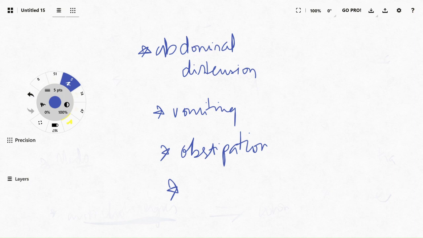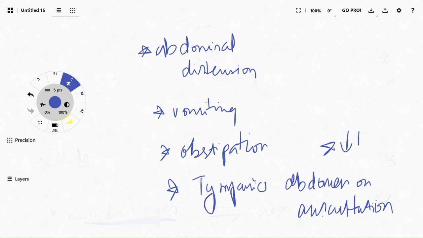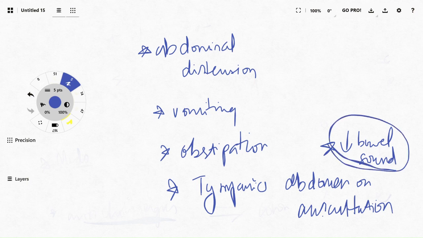Okay, so on examination, they're going to have a tympanic abdomen on auscultation, right? And they're going to have decreased bowel sounds, and you already know that because we already called it the paralytic ileus of the colon. So obviously the bowel sounds are decreased.